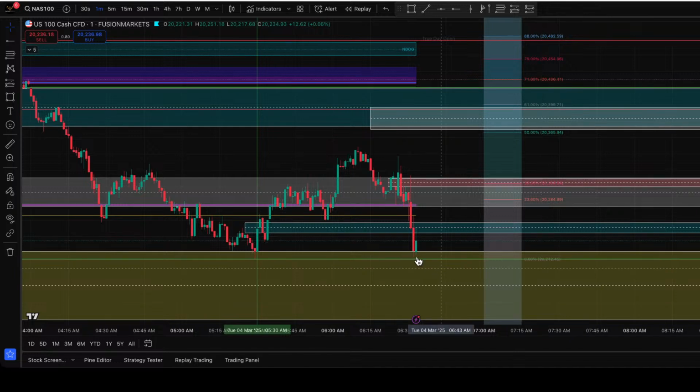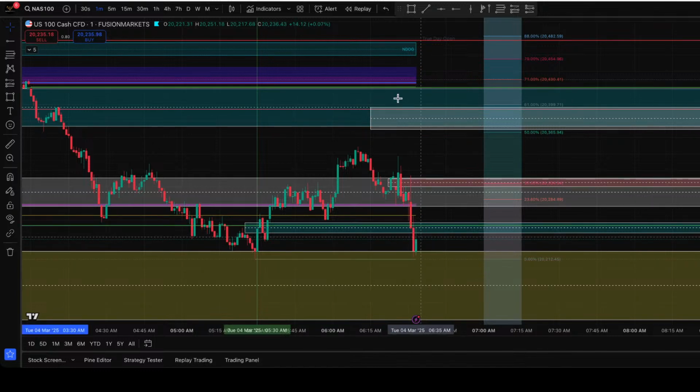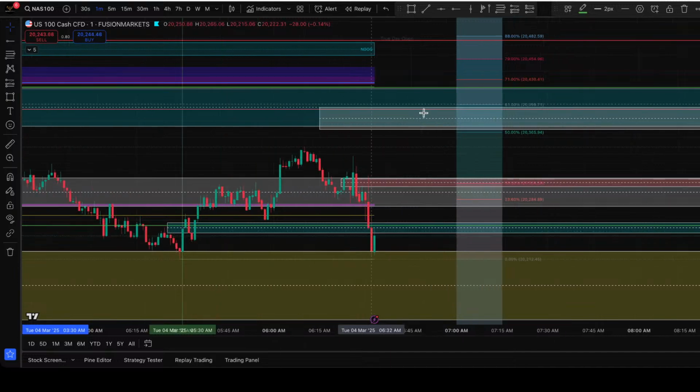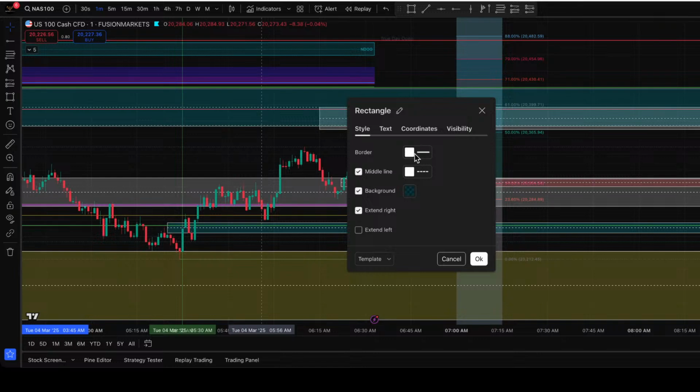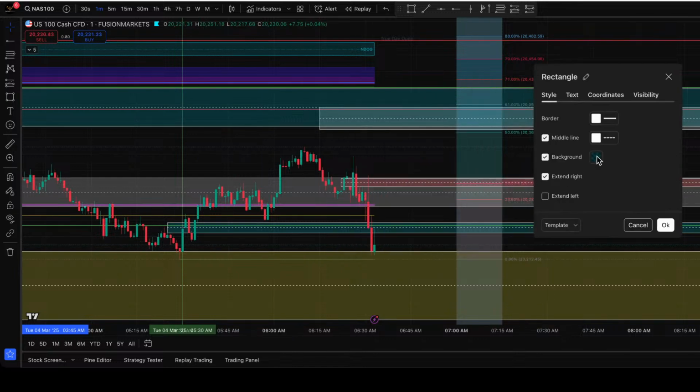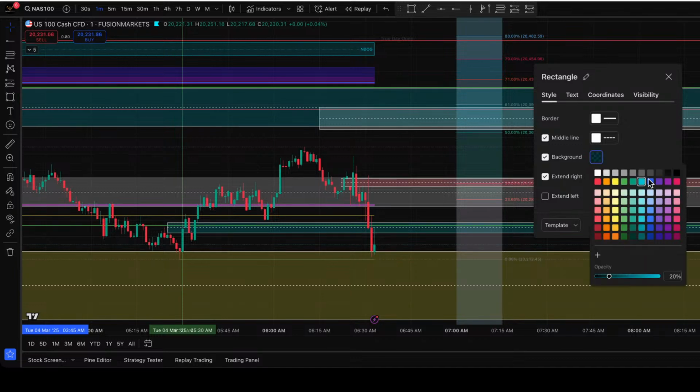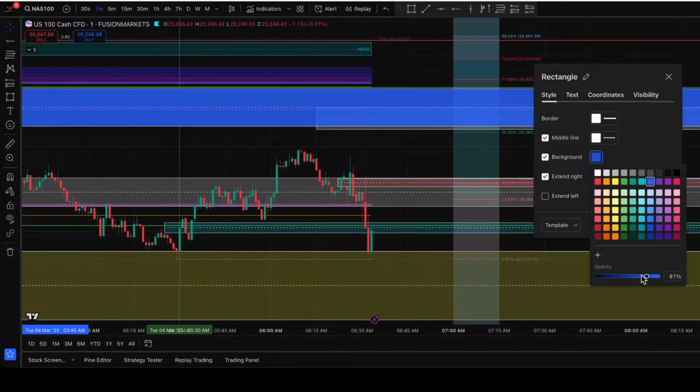So the second it crosses this line, we're going to be looking for an entry to go long. I'm going to change the color of this just so it's easier to understand that this is the blue zone. It's the 15M blue zone. Whoa, it's way too bright.